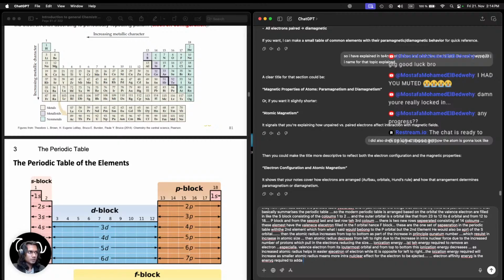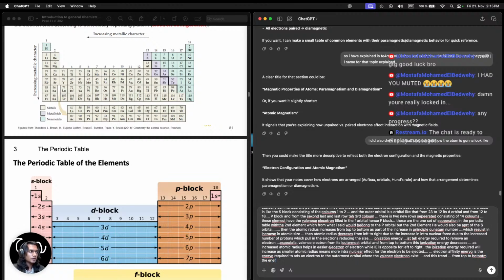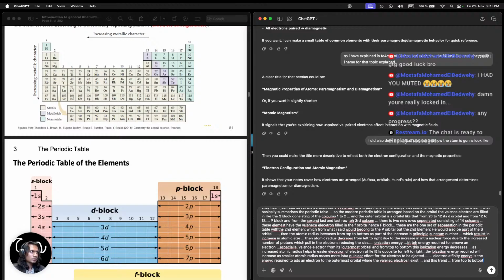Add electrons exist, and this trend, the energy, top to bottom.